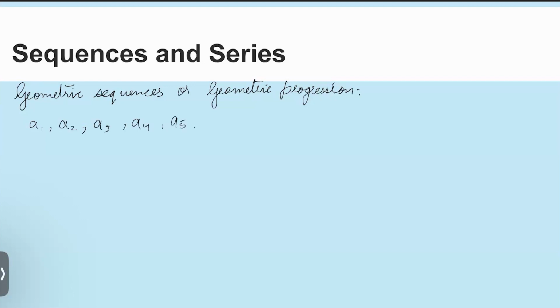This will be a geometric sequence only if a2 can be given as a1 multiplied by some value, or when a1 is divided by something, which is again a1 multiplied by some number, either in reciprocal form, fractional form, or as a whole.